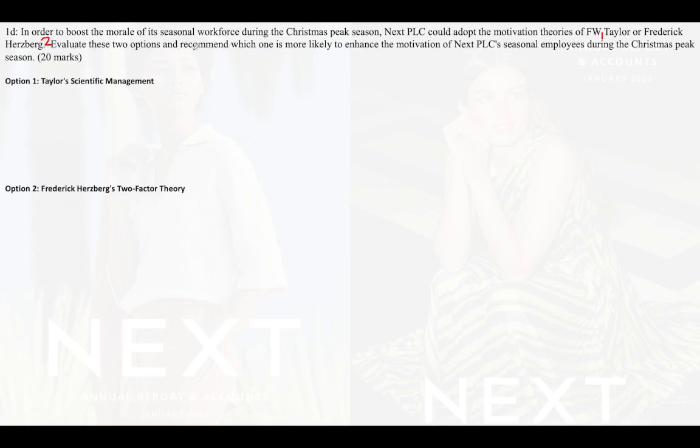Evaluate these 2 options, recommend which one, okay, one is more likely, here's our hook, that's going to be a H of some description, to enhance the motivation of Next PLC's seasonal employees. Okay, so we've got boost morale and enhance motivation.